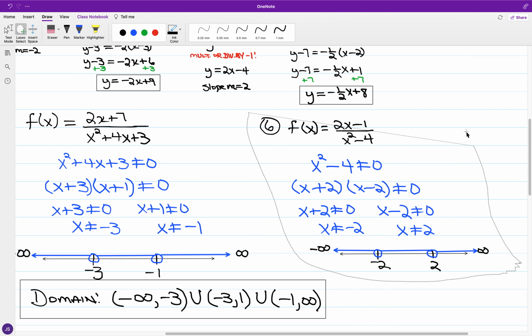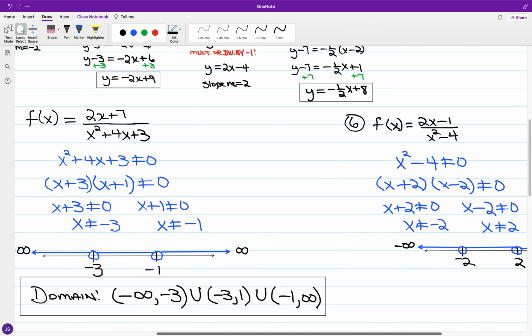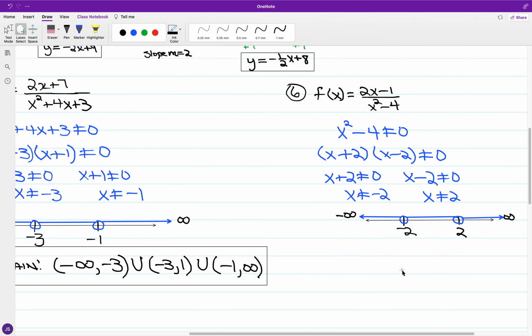So for the domain, again, we have 2 exclusions from the domain, and so in interval notation, there will be 3 separate sections. You have going from negative infinity, approaching but not including negative 2.